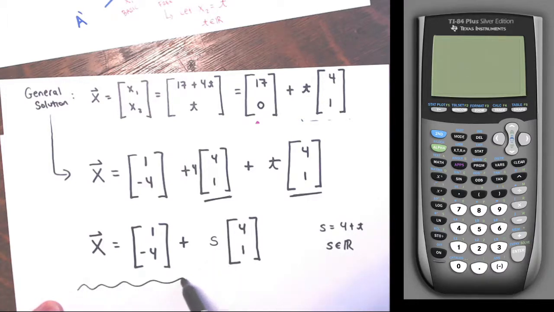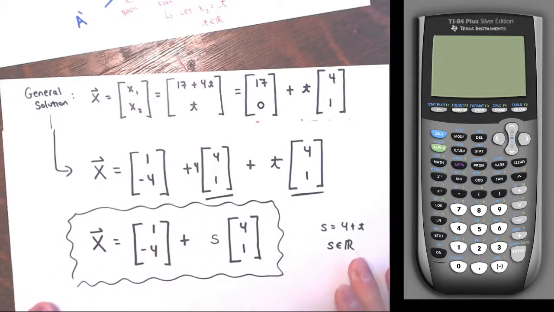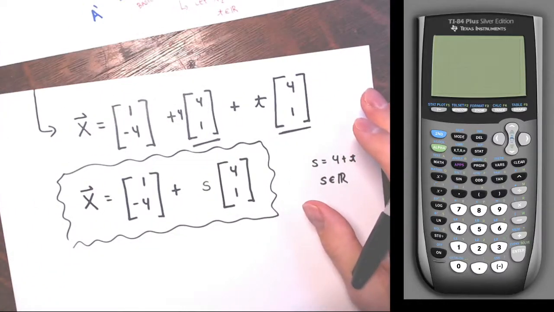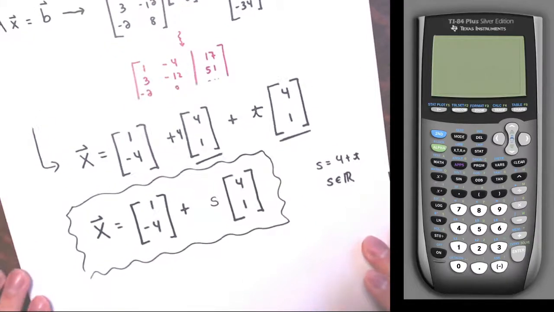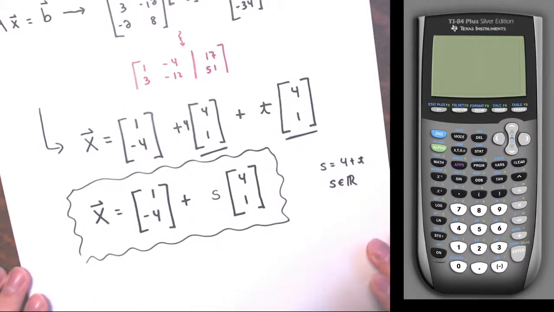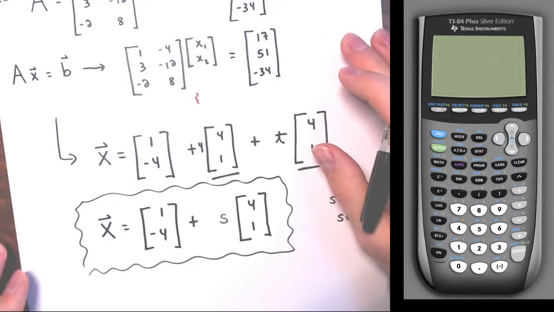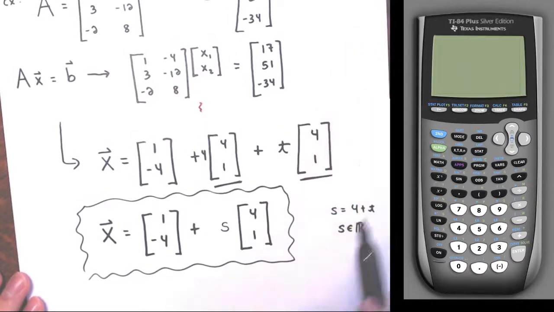And there you go. Right, here's a description of the general solution to my system, where I have a vector from the row space plus some vector from the null space.